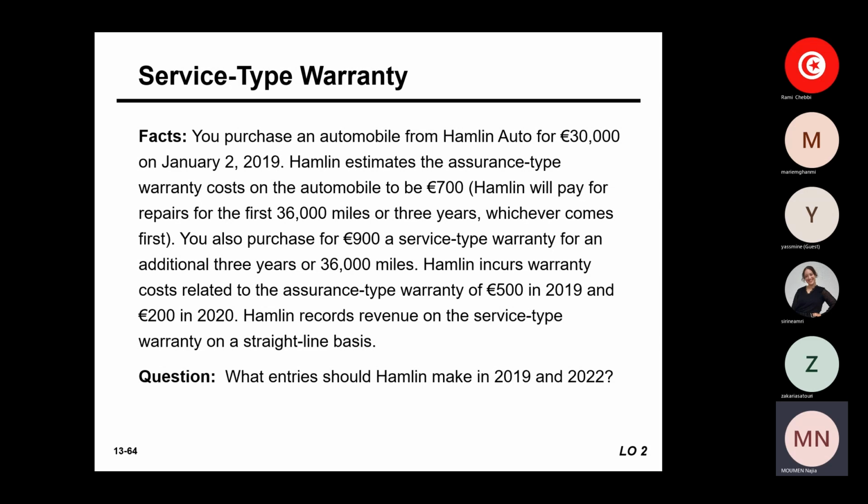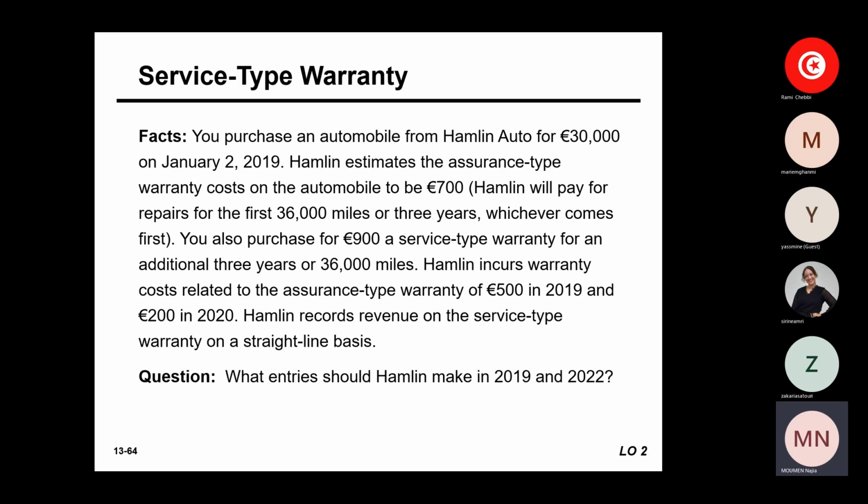So here's the thing: you purchase an automobile, so you will benefit from an assurance type warranty, but you also contracted a service type warranty. So as Hamlin, the seller in this situation, I should account for the warranty costs that I incurred in 2019. I should also accrue the warranty liability that I will be incurring in 2020.